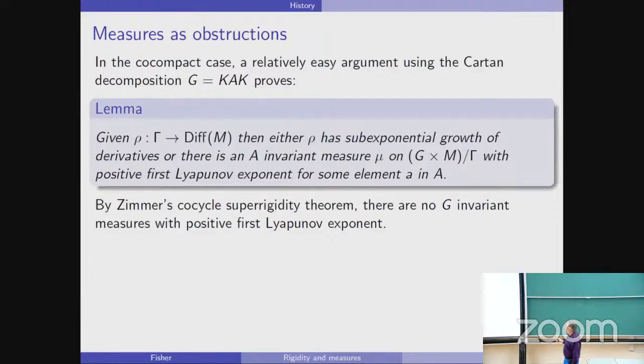Really, you get a little A-invariant measure, and then I'm averaging it over big A to make it big A-invariant. So I'm already hiding a step of averaging in this statement.